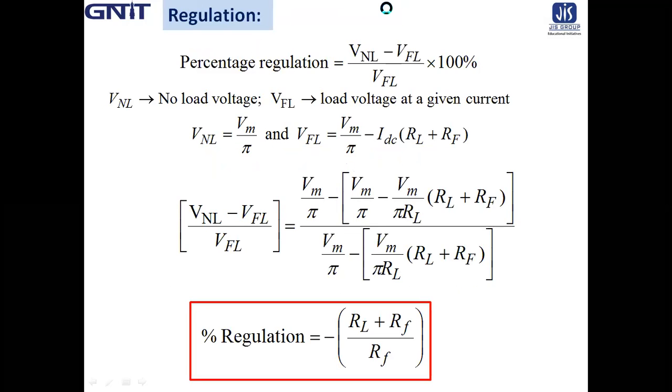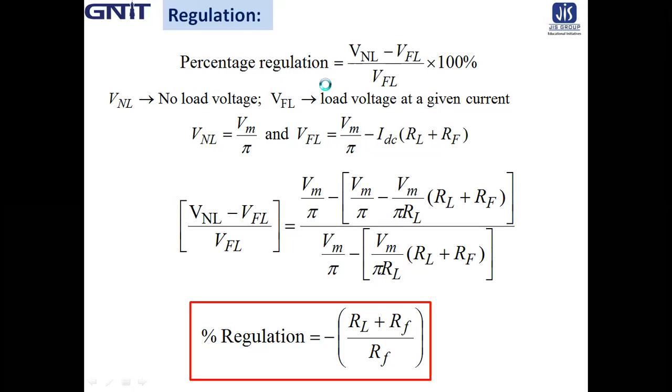Next, we move to the calculation of regulation. What is regulation? The change of DC output voltage as a function of DC load current is called regulation. It can also be defined as the deviation of the voltage at a particular load current from the voltage with no load condition.